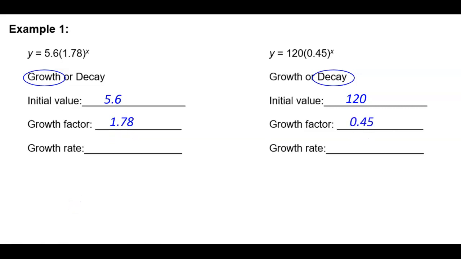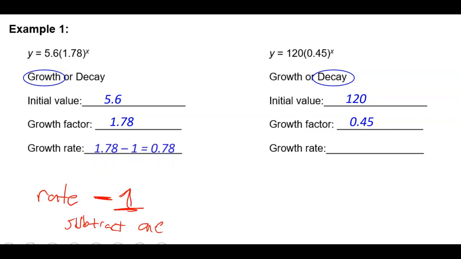Now, I want you to notice there's a difference between the factor and the rate, okay? The factor is what's already there. To get the growth rate, go and write this down below it, okay? The rate, you're going to subtract 1. So notice what they're going to do here.